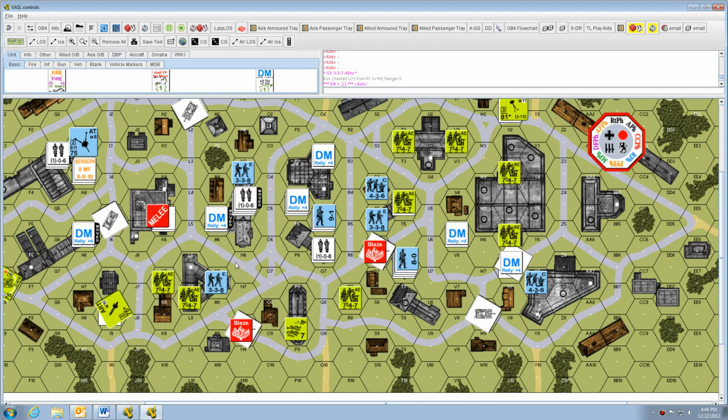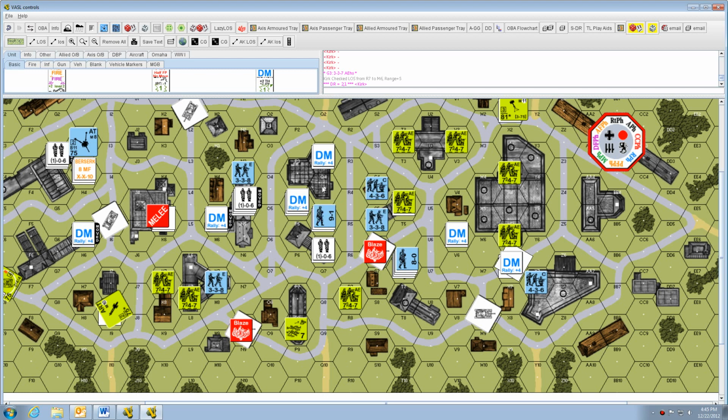So we will now look at the American, see if the American has any situations that need to be resolved here. Okay, we have one here in P4. In P4, we have a full squad, and we have a broken American unit. The broken American unit must route away because it has an adjacent known enemy unit.